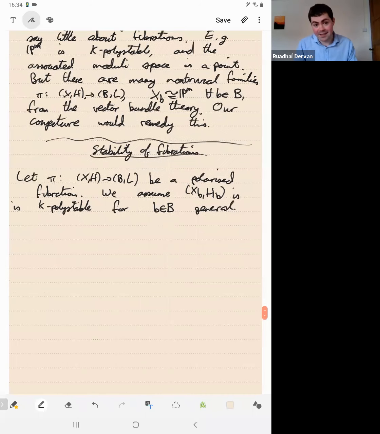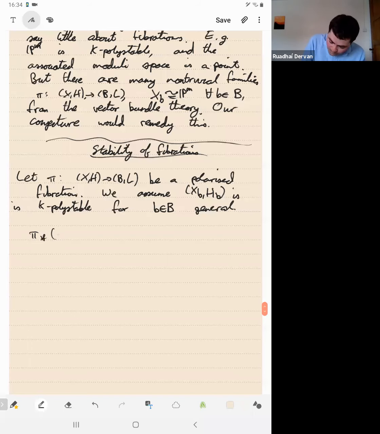There are different variants of this hypothesis that you can make. This is the one that's crucial for the link with Kähler geometry. For example, one interesting case is an isotrivial fibration, where this is automatic: if the fiber is K-polystable, all fibers are K-polystable because all the fibers are isomorphic. But this is a hypothesis that makes sense more generally.